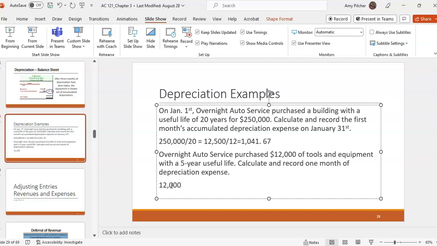So 12,000 divided by 5 equals $2,400, which divided by 12 to get a monthly expense equals $200. So 1 month of depreciation expense would be $200, where we have a debit to depreciation expense for $200 and a credit to accumulated depreciation tools and equipment for $200.